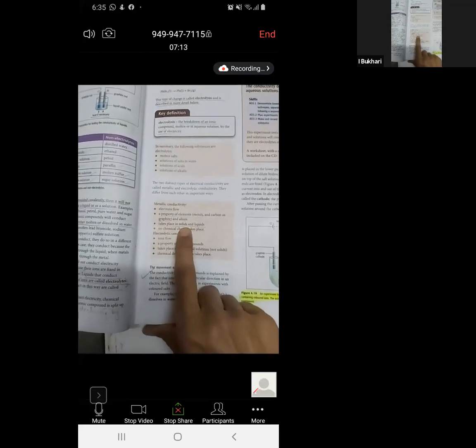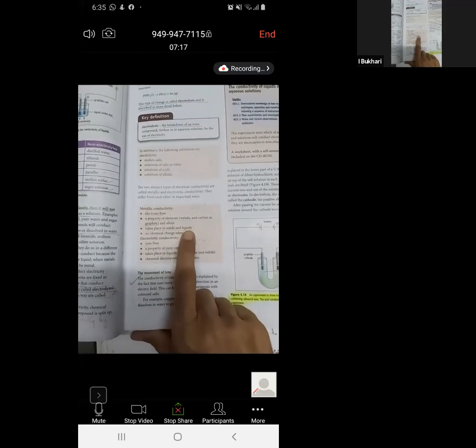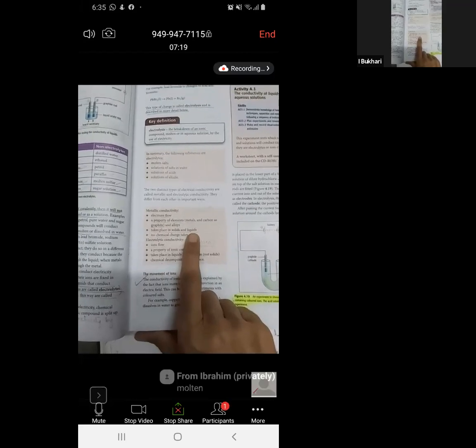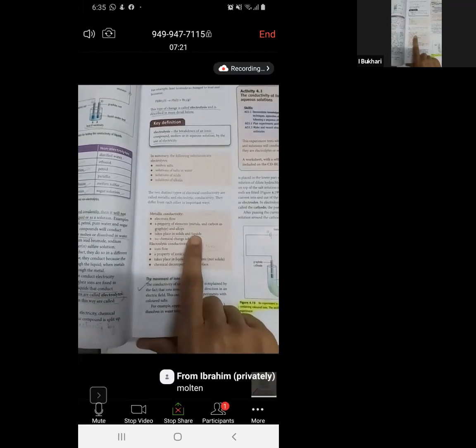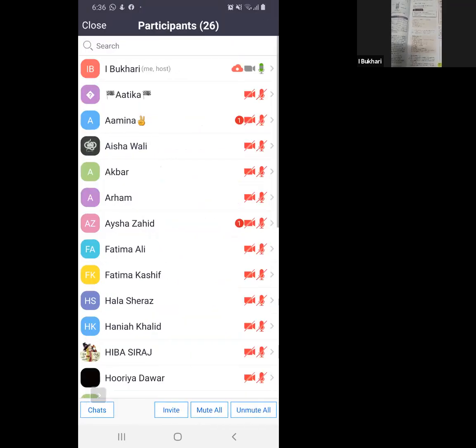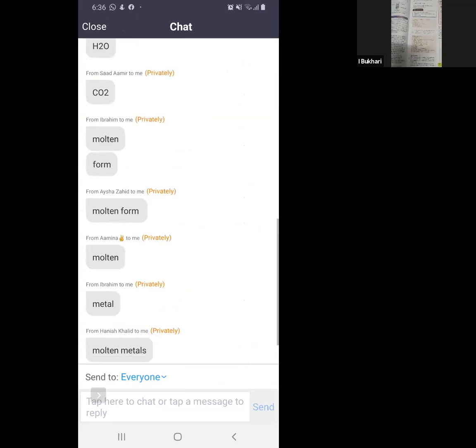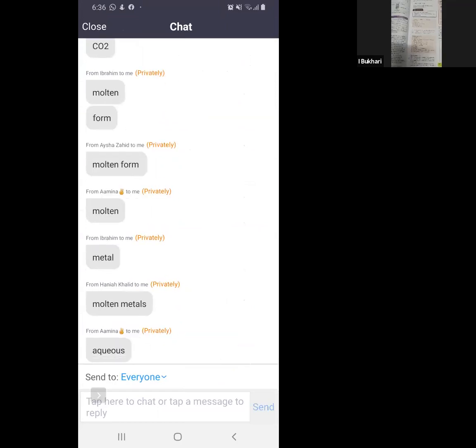Solids we understand, metals and graphite. Why liquids? Which liquid can you think of which has metallic conductivity? Yes, Ibrahim, molten. Molten form of what? Molten what? You guys give me half answers. Yes, Hania, good job. Molten metal, yes.